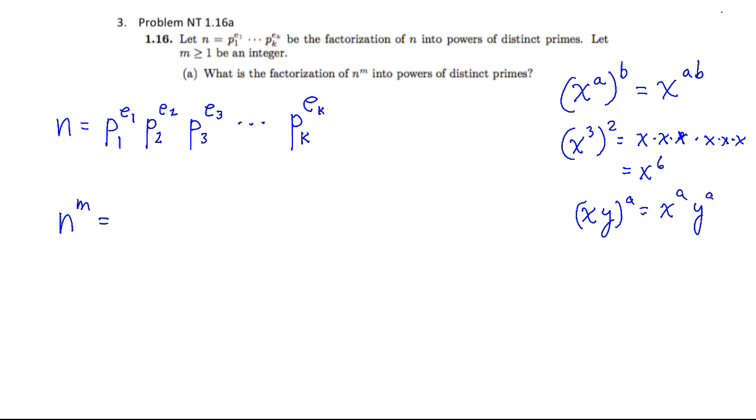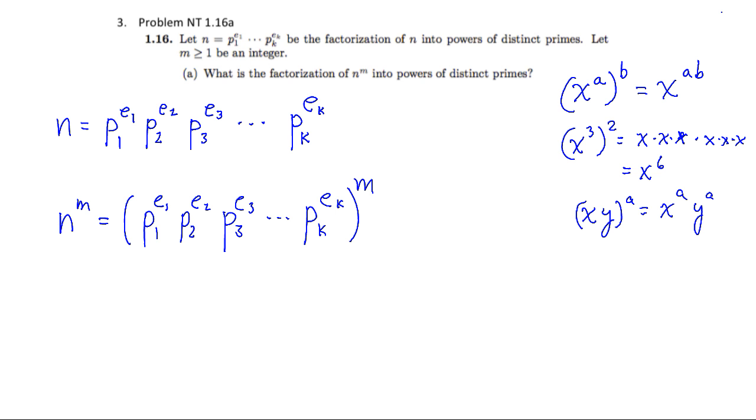Now we're going to raise n to the m power. And so I take this whole thing, p3 to the e3, dot, dot, dot, pk to the ek, and raise it to the m power. And the first rule I'm going to apply says that when I have the product of two numbers raised to some power, it's just each of those numbers raised to that power multiplied together.